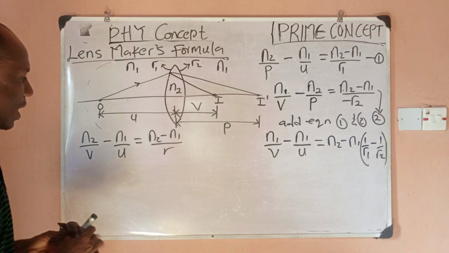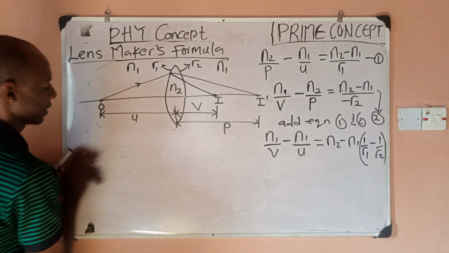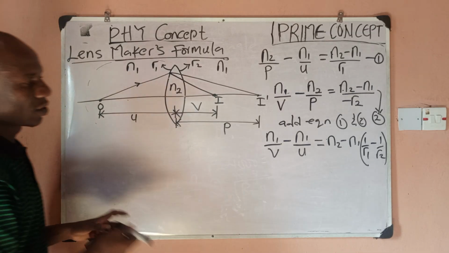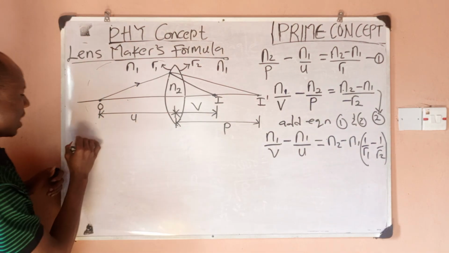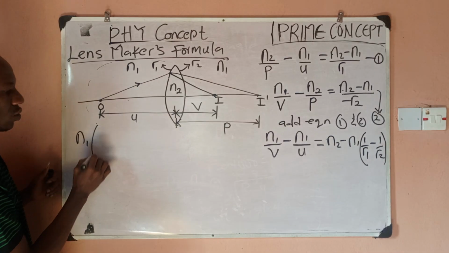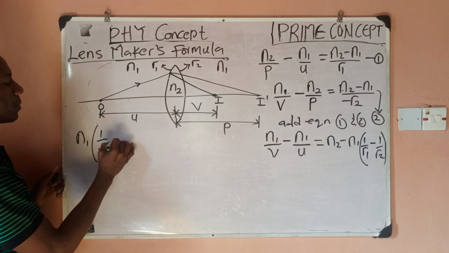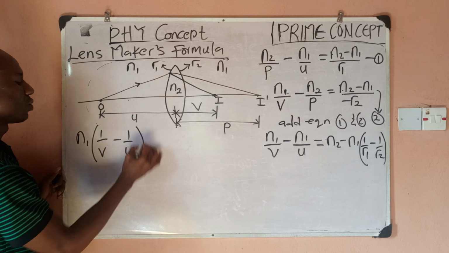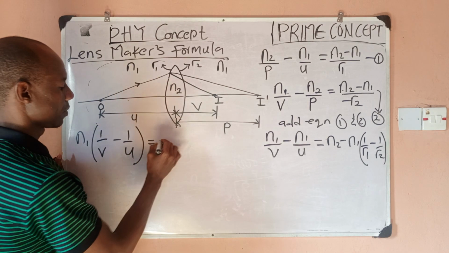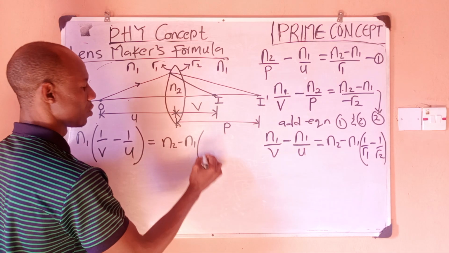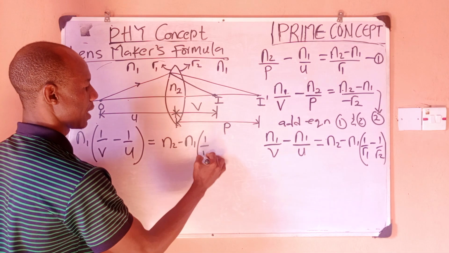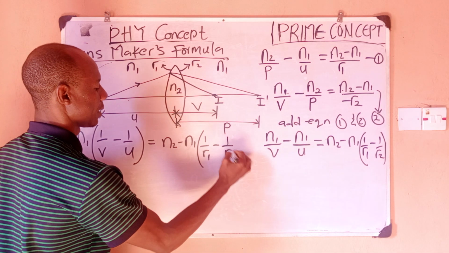So if I solve this, I can factorize N1. So I'll have N1 into 1 by V minus 1 by U equals N2 minus N1 into 1 by R1 minus 1 by R2, right?